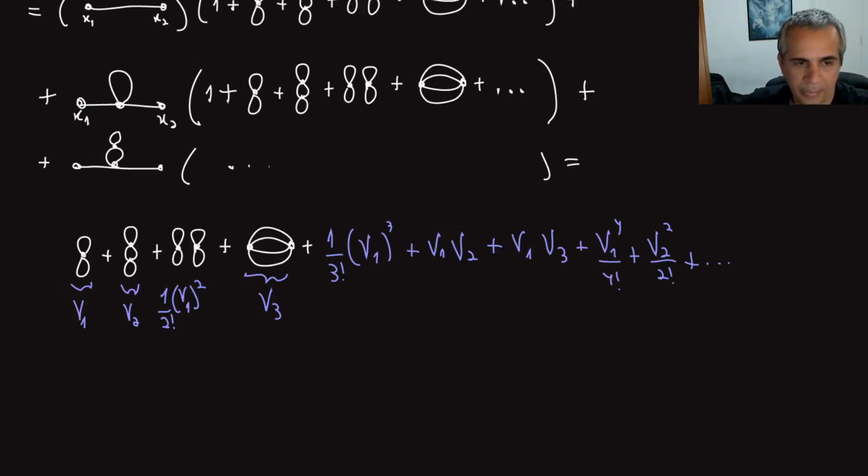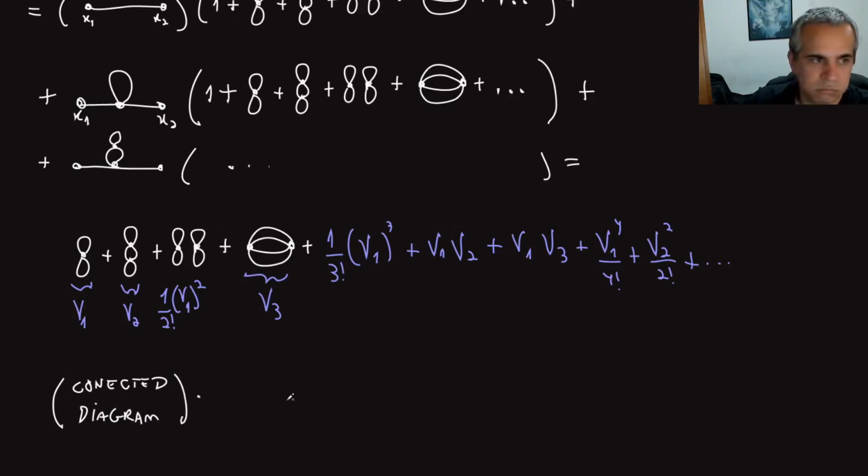Let's see how. Basically what I'm saying here is that any Feynman diagram can be written as a connected diagram times a series like that, that I want to write in this way.